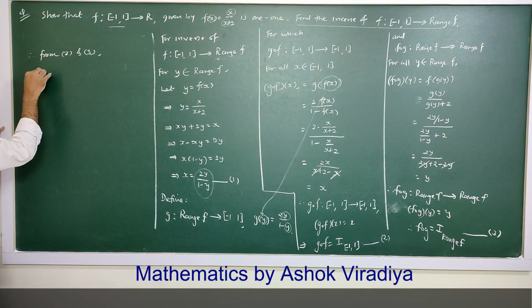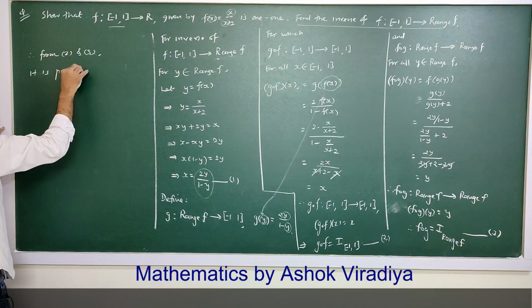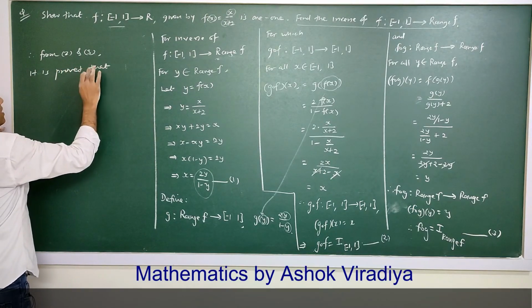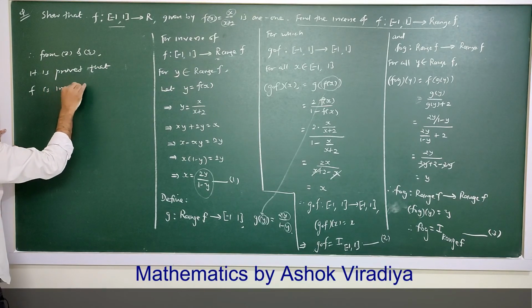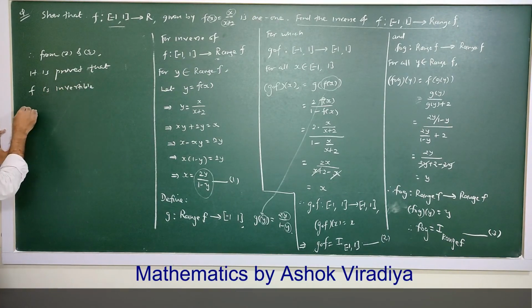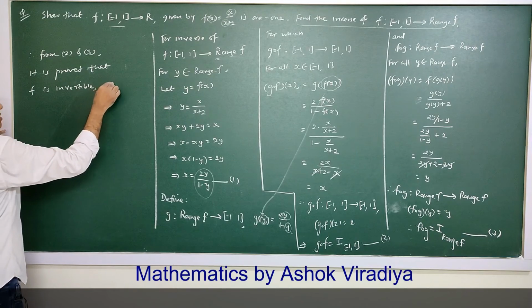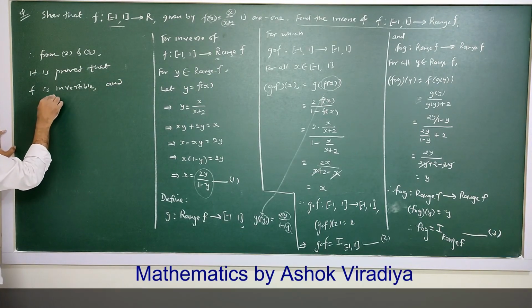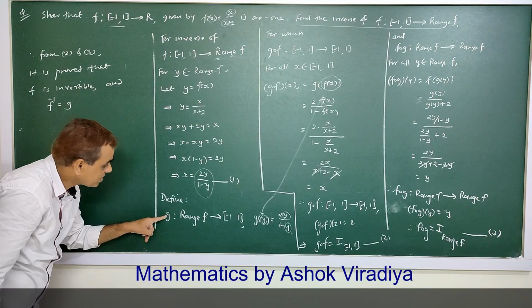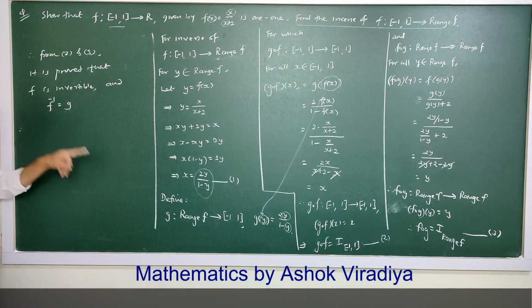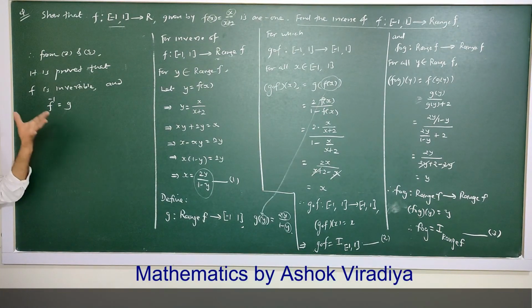So from 2 and 3 it is proved that f is invertible and the inverse of f is g itself. Now here I replace g by f inverse, because g is itself f inverse by definition.